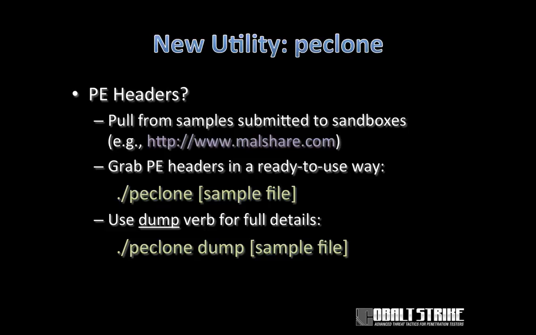Now, if you want to see everything Cobalt Strike can pull out, you can use the dump verb to get a full dump of details using Cobalt Strike's internal PE file parser. So that's PE clone. And we're going to demo that in a second using a sample pulled down from my friend Silas Cutler's malware sharing website, malshare.com.